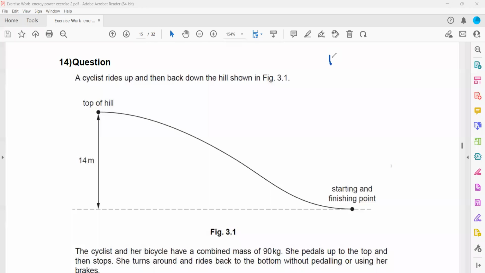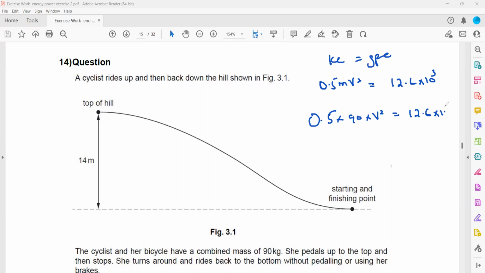So the kinetic energy equals the gravitational potential energy. Kinetic energy is half mv squared. Gravitational potential energy is 12.6 into 10 power 3. The mass of the cyclist with the bicycle is 90. So 0.5 into 90 is 45. 12.6 into 10 power 3 equals 45 v squared. 45 is multiplied, so on the other side it will be divided.